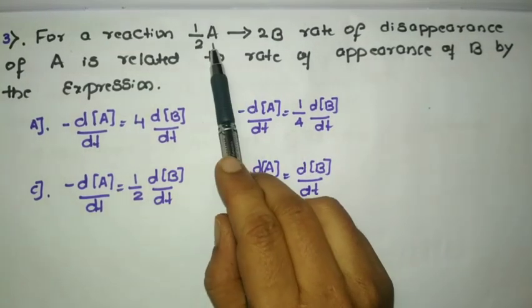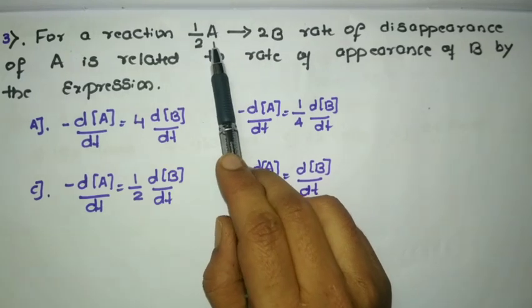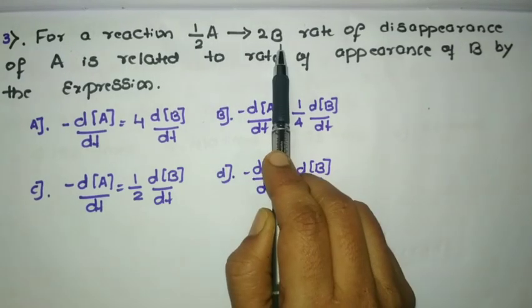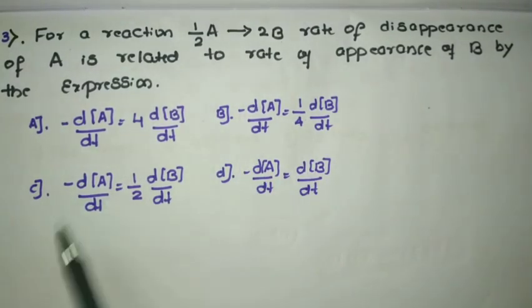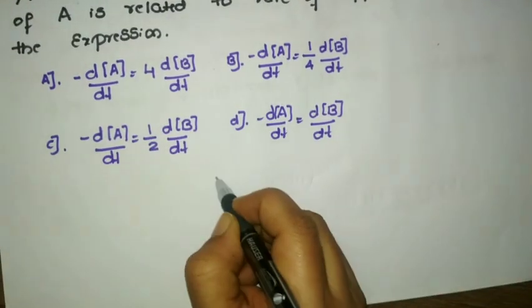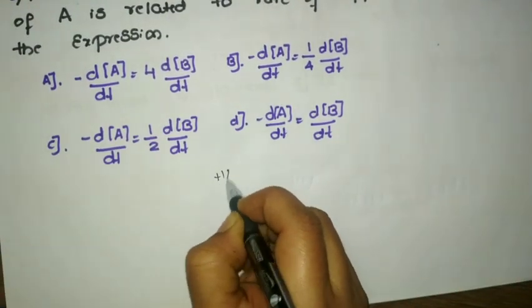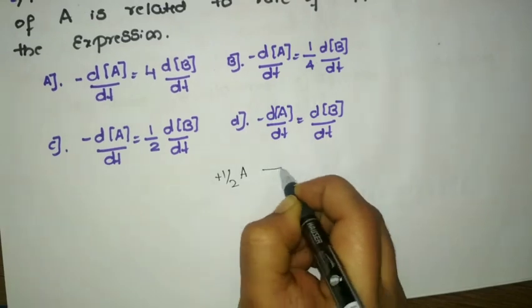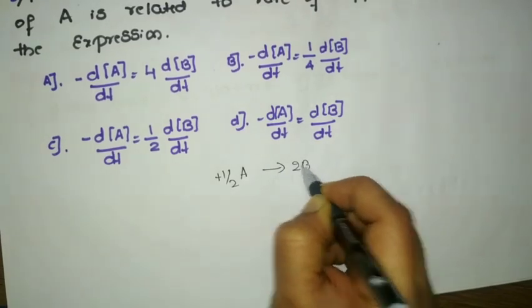If you get to know how to write the rate expression for the given reaction, you can find it out very easily. So how can we write it? The given equation is half mole of A reacting to give 2 moles of B, right?